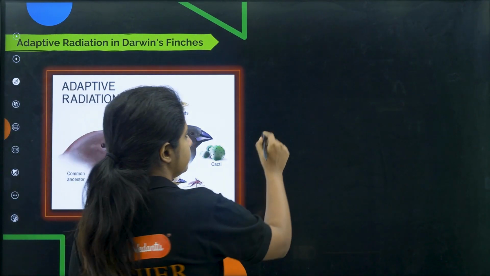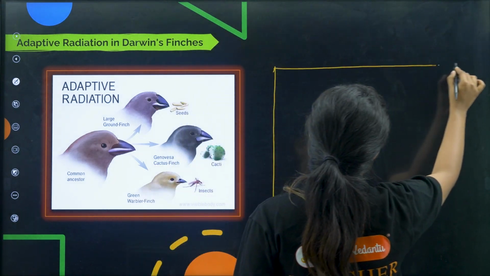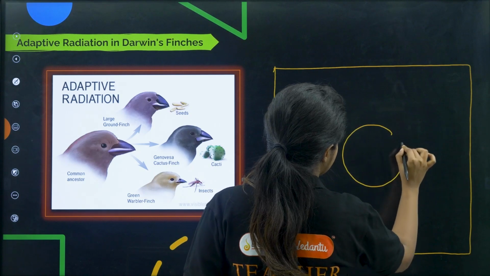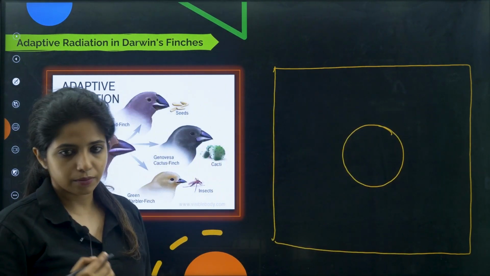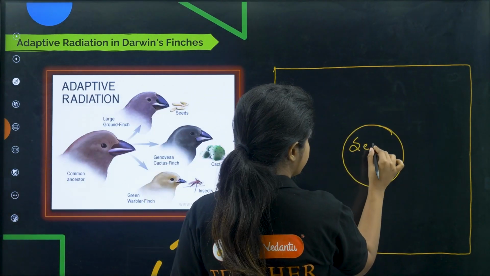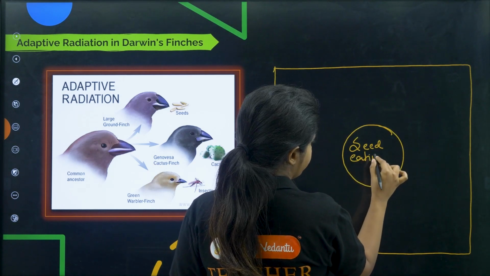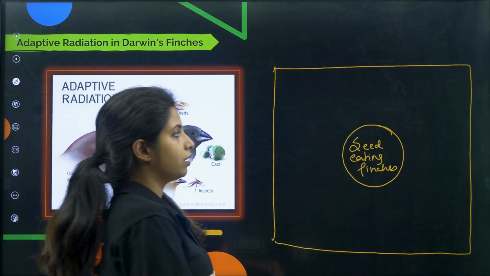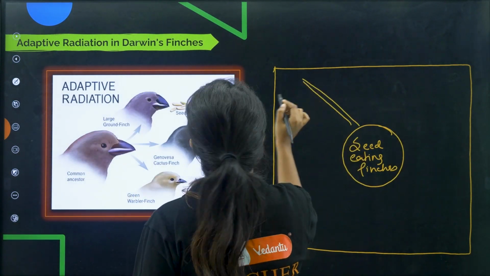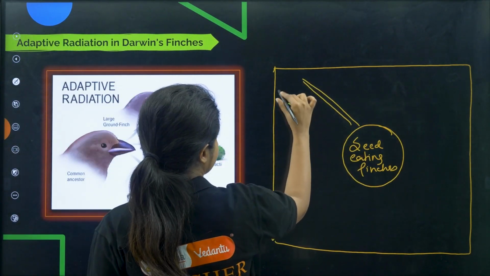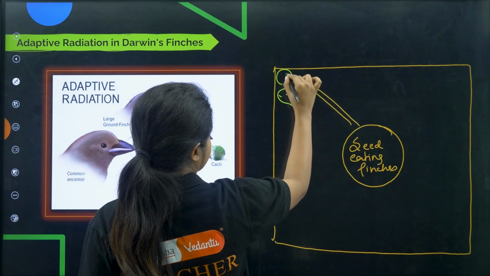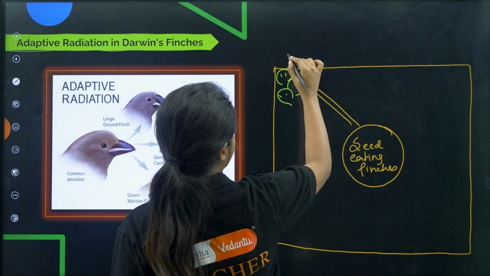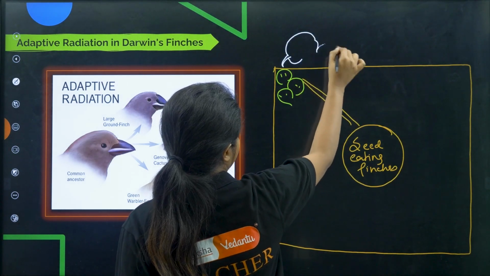That means, for example, if this is the Galapagos Island, my dear children, and this was the area where initially I found the birds, they were all seed-eating finches. They were all feeding on seeds. Then I moved to another area where there were cute little cacti, and the same bird was found over there, but with a different face.